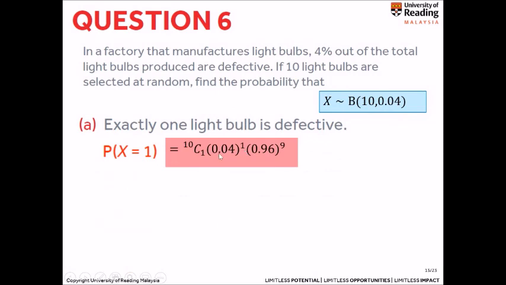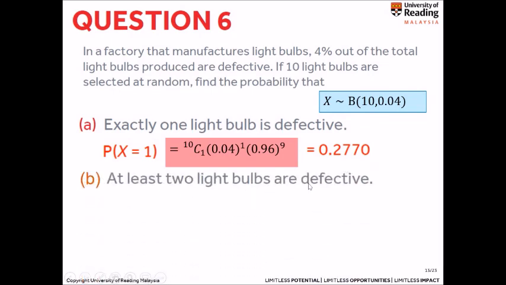And 1 minus 0.04 will give you 0.96. The power for Q is 10 minus 1, so you should get 9. Please key in the calculator and see whether you get this answer, 0.2770.